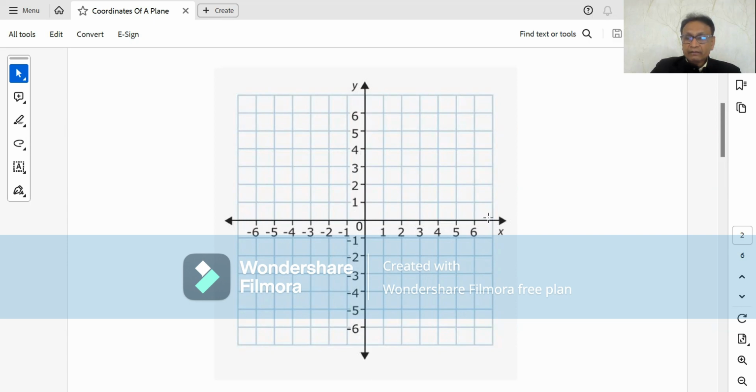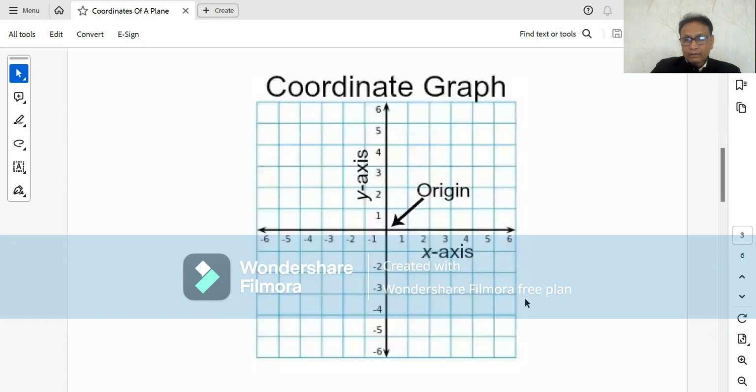The point where this x-axis and y-axis intersect, this point is called origin. Now see, this is our x-axis, this is our y-axis, and this is the origin where x-axis and y-axis both are intersecting.